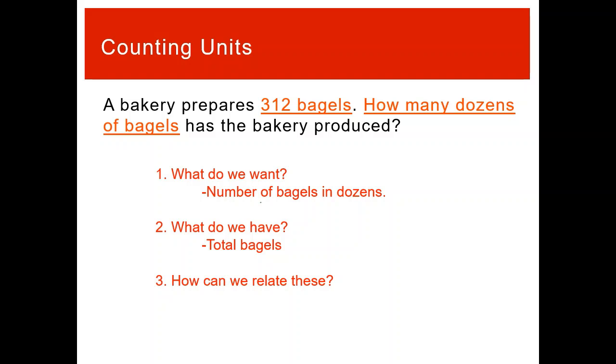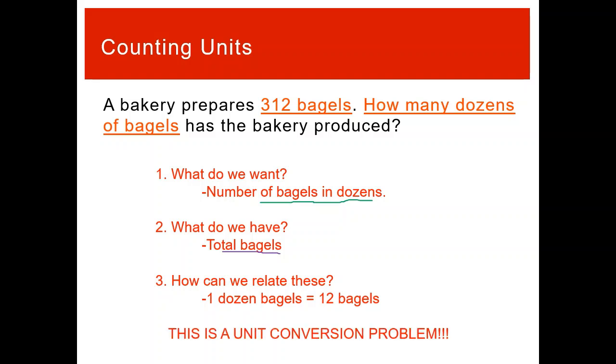Our answer is going to be a number of groups of bagels, and we want to take that from a total count of bagels. We're going to relate those via the definition of the size of those groups, right? How big is 1 dozen? That definition of a dozen is always true. It doesn't matter that we're counting bagels. It's always 12. So let's see what this looks like when we work it out.